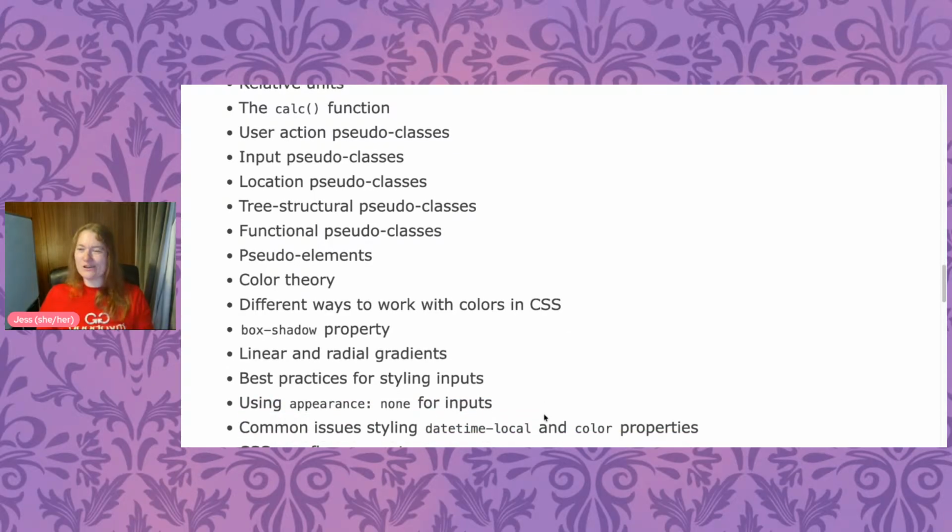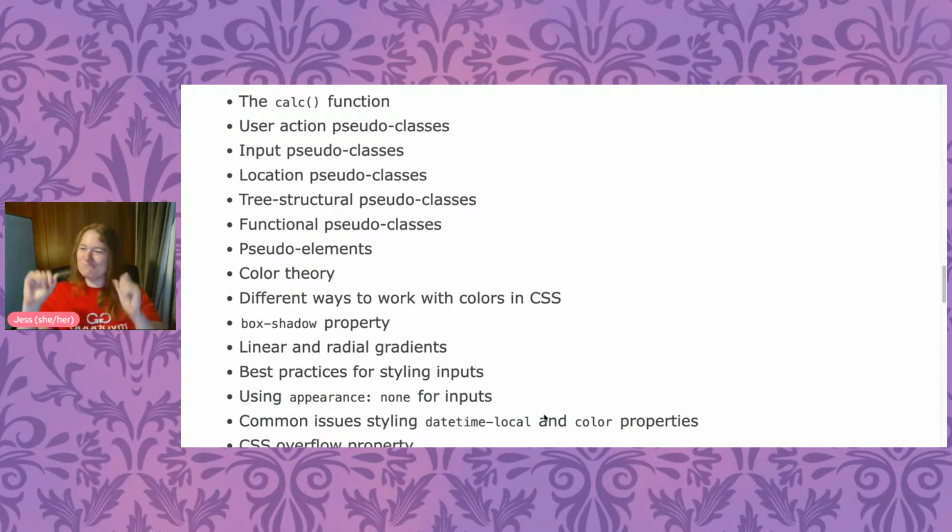We learned about the box-shadow property, so how to add a cute little shadow to our elements. We learned about gradients, giving us that ombre effect if we're into them. And we came back and a lot of the things we did in CSS felt like adding a bit on to the HTML we learned.